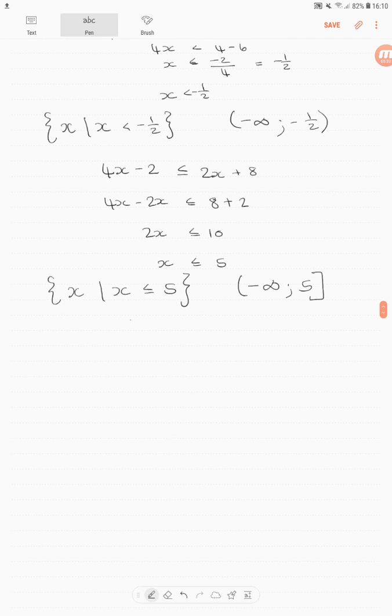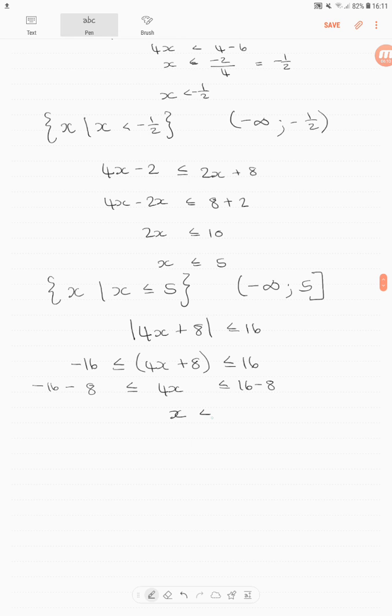And an absolute value, say the absolute value of 4x plus 8 smaller or equal to 16. We change this into a normal inequality, so 4x plus 8 smaller or equal to 16, but it must be larger or equal to minus 16 because of the absolute value. That means 4x must be larger or equal to minus 16 minus 8 and smaller or equal to 16 minus 8.